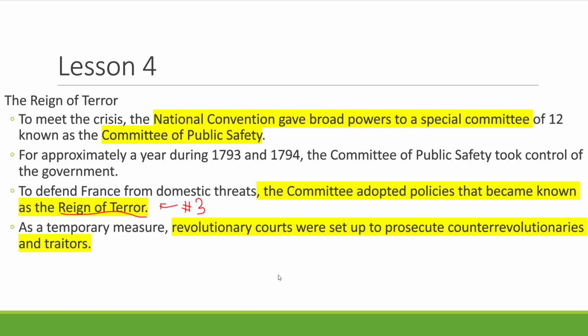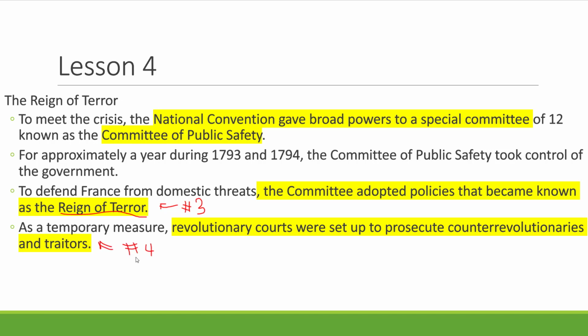Their job was to keep the peace, or try to keep civility in France while all of this was happening, because remember, things were getting very violent and chaotic. So the National Convention figured that they needed to keep the peace and bring back some form of civility to France.